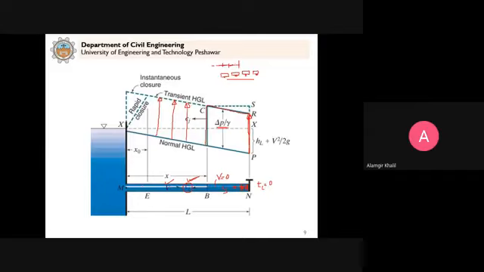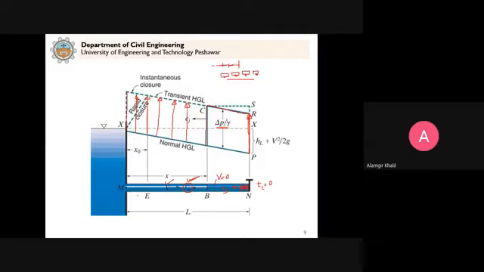So when this pressure wave starts here, it causes this increase in pressure, and when it travels up the pipe, it brings all the pressure to the increased value.